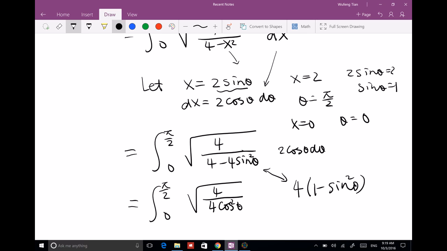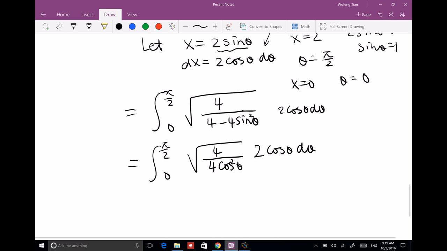Okay, so now you still have 2 cosine theta d theta. Then this is 0 to pi over 2, and then 2 cosine theta over 2 cosine theta.